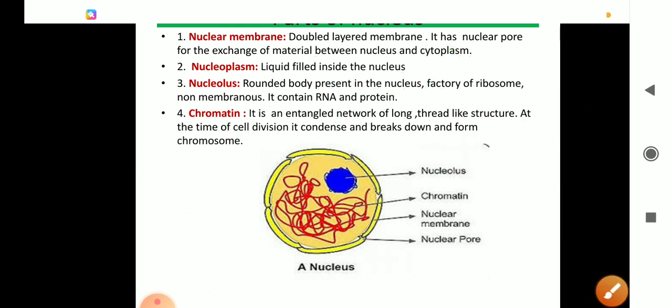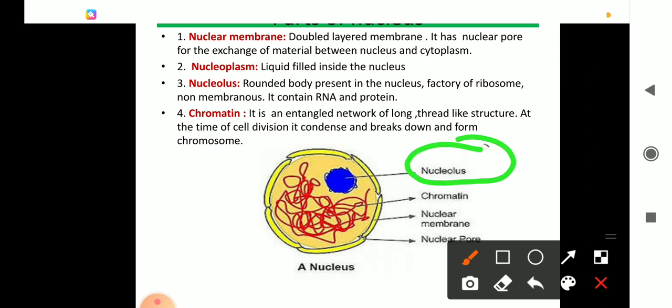There is a difference between nucleus and nucleolus. Now see, this is the nucleolus, right? And this is nucleus. And this thread-like structure is called chromatin thread, right?